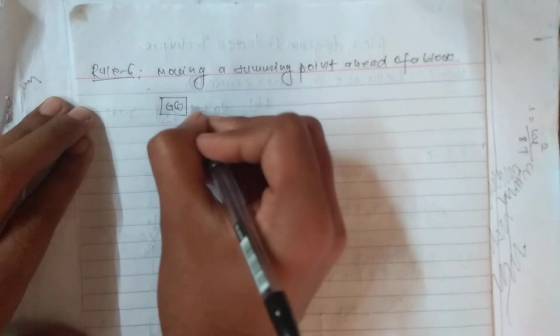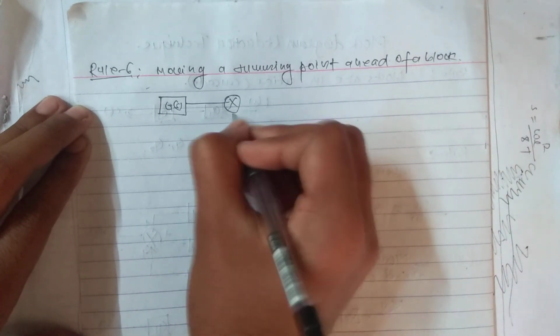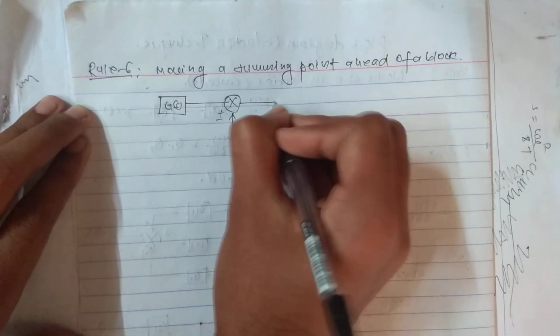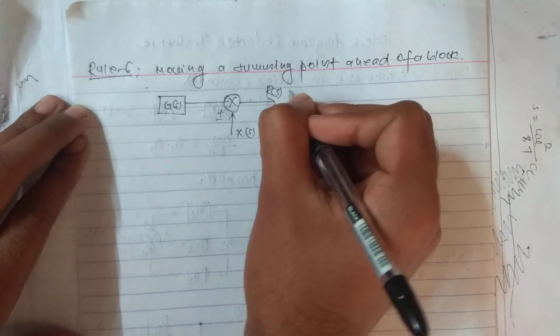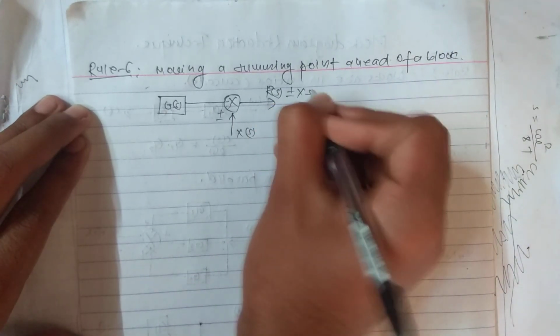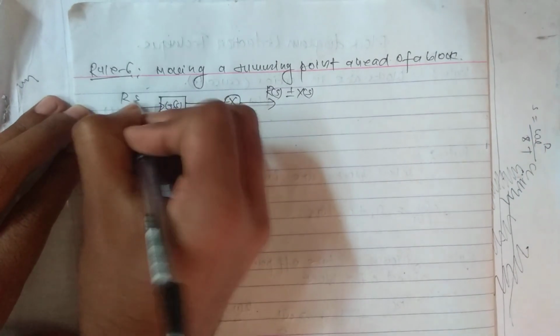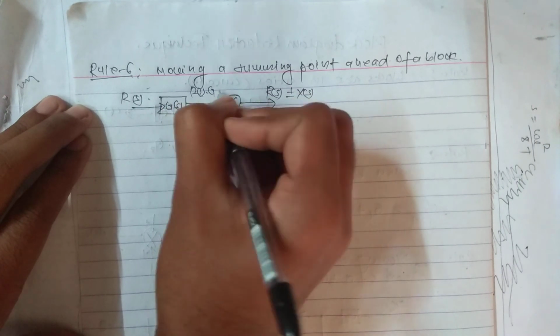Since we have G(S) here and the summing point here, and here we have R(S) plus or minus X(S) and R(S), and here will be R(S) into G(S).